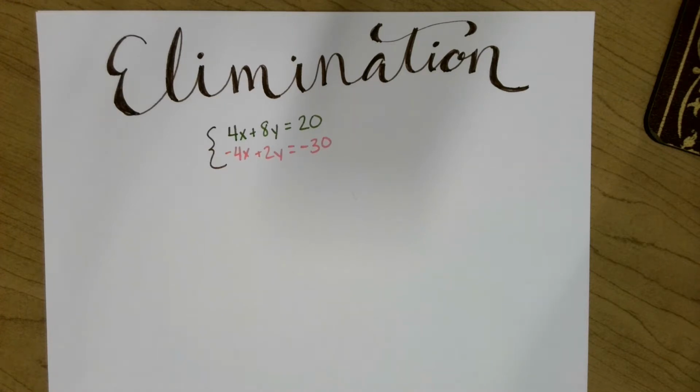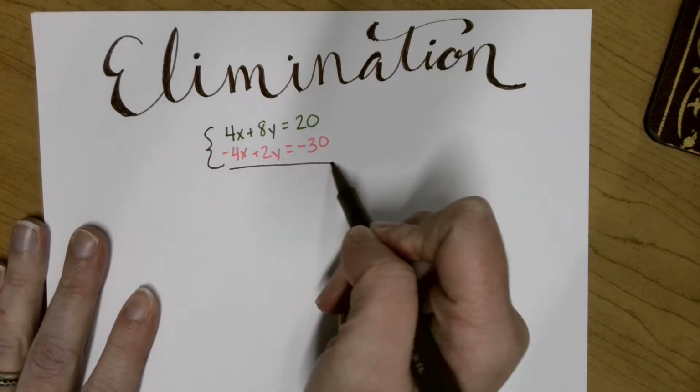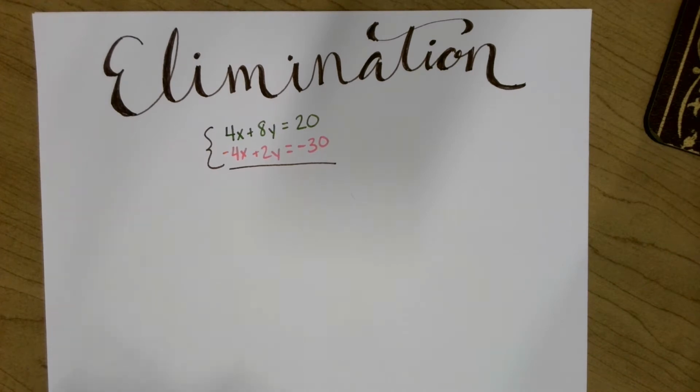So if I look at this, normally when I taught it the first time around, we would have to multiply one equation or both equations by some number that would make one of the variables cancel. However, this one, somebody was super nice and made a super nice, easy elimination problem.